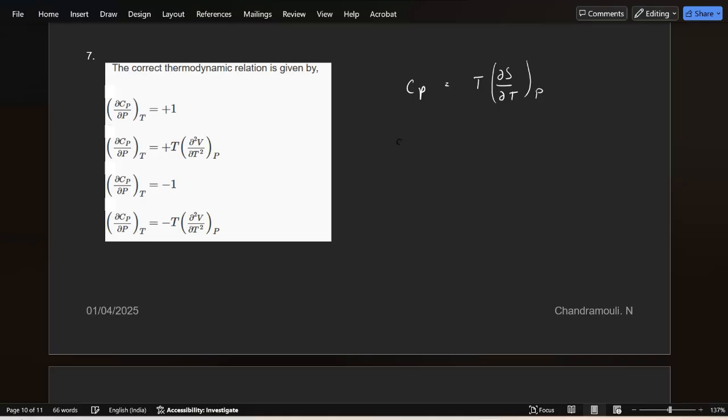So now what we need is del Cp by del P at constant temperature. Correct. This is what we need. So we need to just evaluate this. We can do it in parts: keep del S by del T at constant P, then del T by del P at constant temperature, because we are differentiating with respect to temperature.